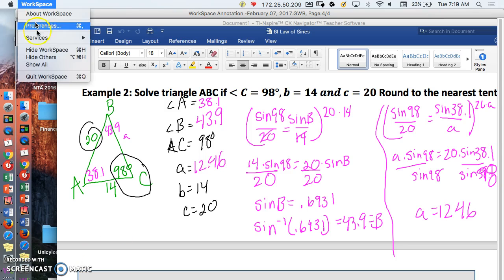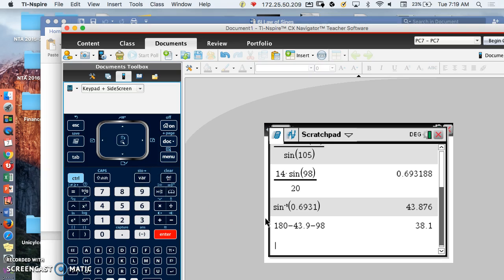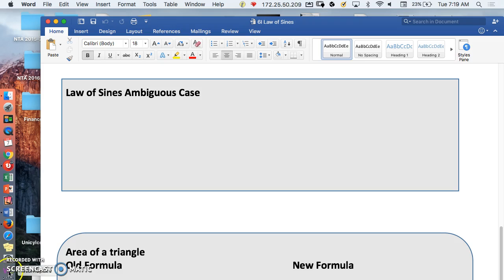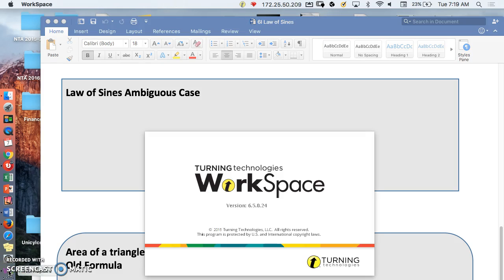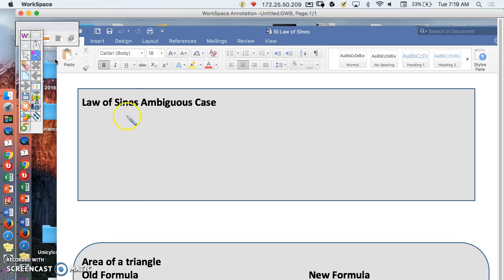So the next thing we are going to take a look at here, there is one case that is called the ambiguous case, and we're not going to go into too much detail on this, but there is a case where there can sometimes be two triangles.